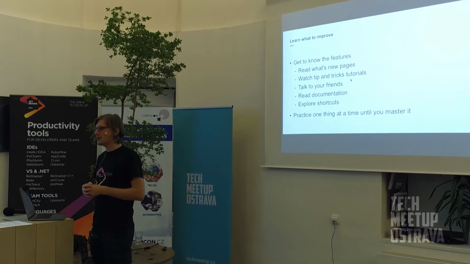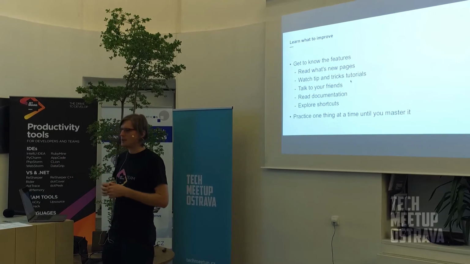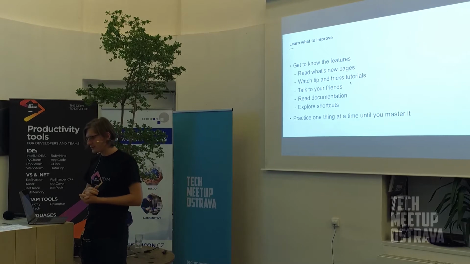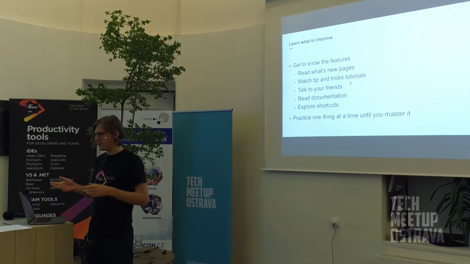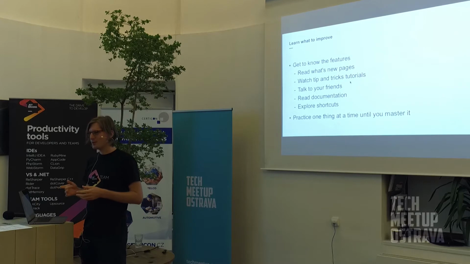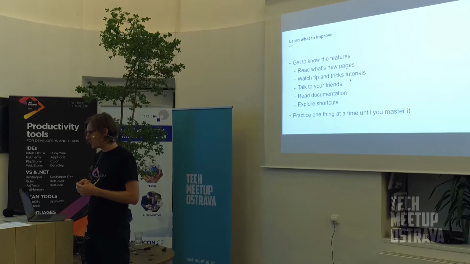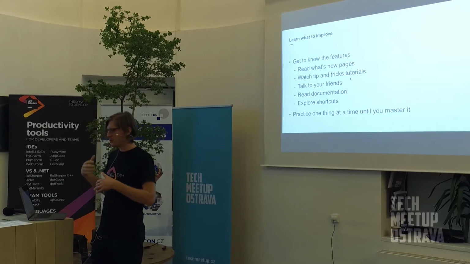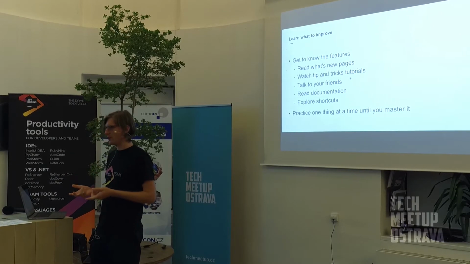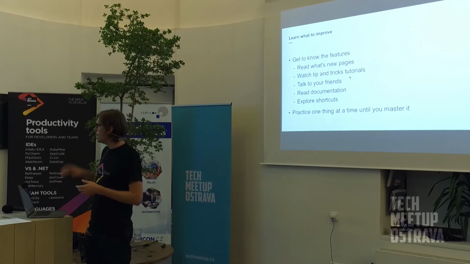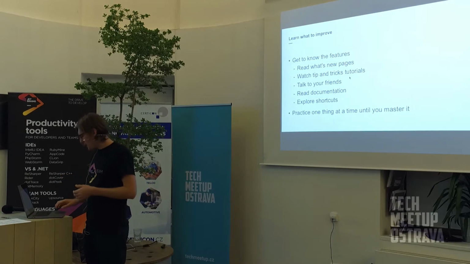And so I'm on some team meeting, saying, yeah, it would be cool if we have something like code hierarchy, and they're like, but yeah, we do have it. So there are some things which help you to know what you can learn and how you can improve your productivity with the features.